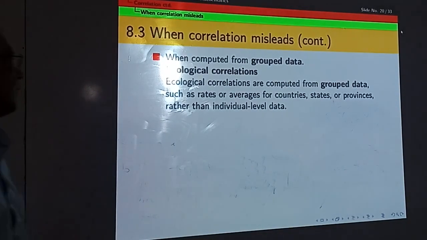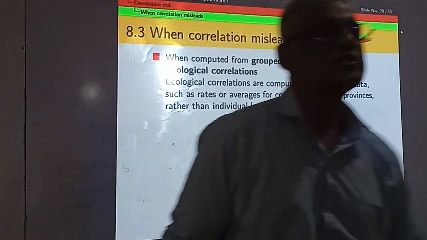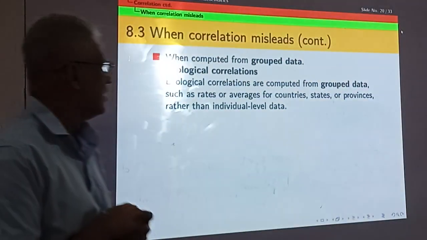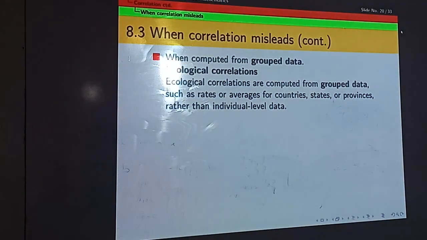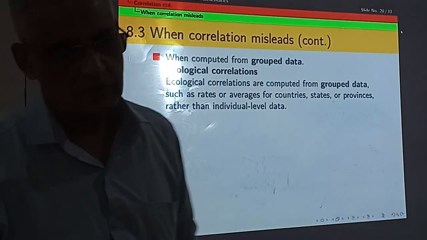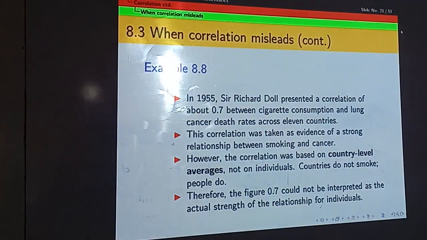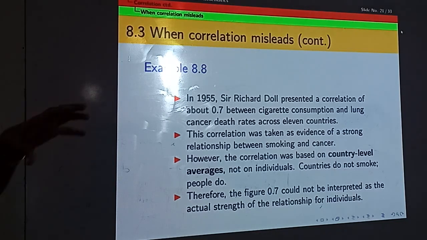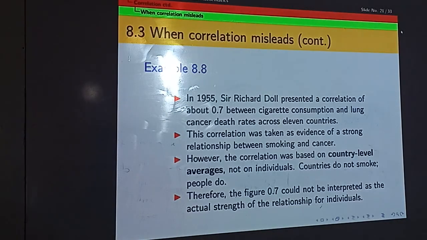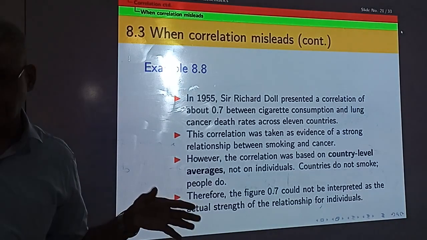And sometimes, especially in ecological studies, people calculate correlations between averages rather than correlations between individual observations. For example here, people have calculated the correlation coefficient between the rate of cigarette smoking and the rate of lung cancer for different countries.